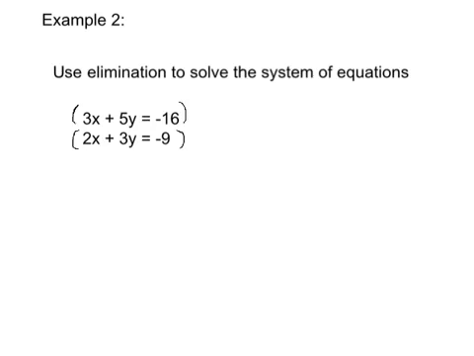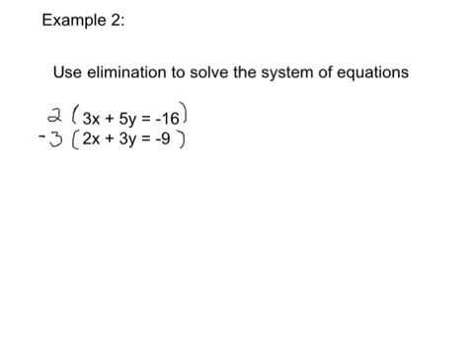So if I multiply this entire first equation by a 2, and this entire second equation by a negative 3, and I got that just by taking this number and putting it up there, taking this number and putting it down there. I switched them, and that works every time.